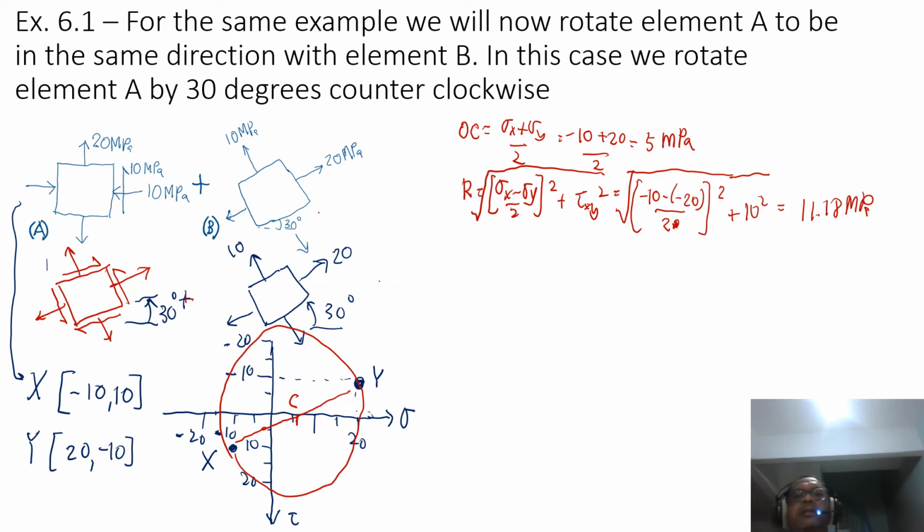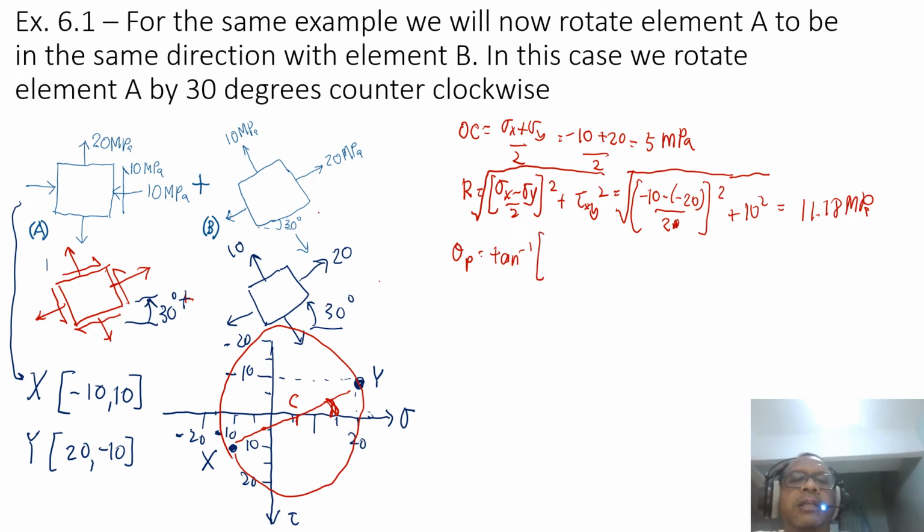Now we know that our xy is in that direction, and we need to know what theta p is. Theta p is this angle, the angle here from the horizontal line. We can calculate it by using tangent inverse.